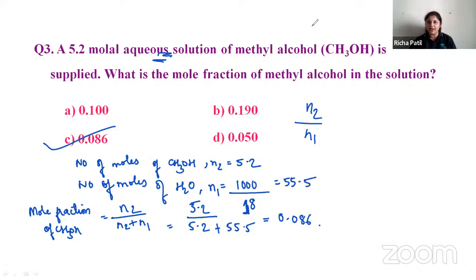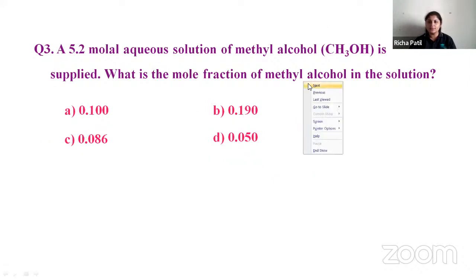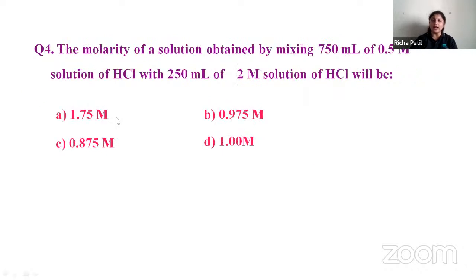So this was a mole fraction problem. Now this is a molarity problem. What is the molarity of the solution obtained by mixing 750 ml of 0.5 molar solution of HCl with 250 ml of 2 molar solution of HCl? This is a mixing problem.